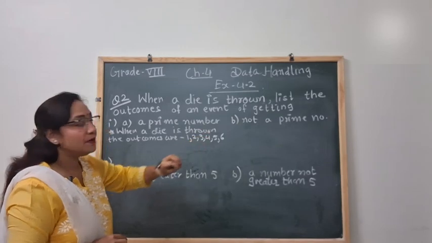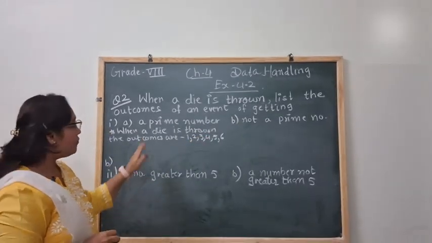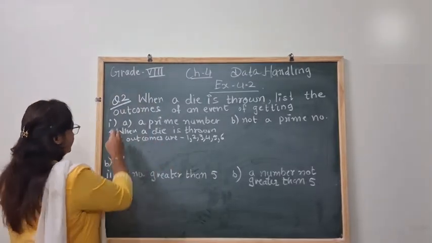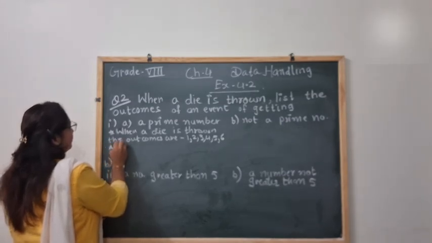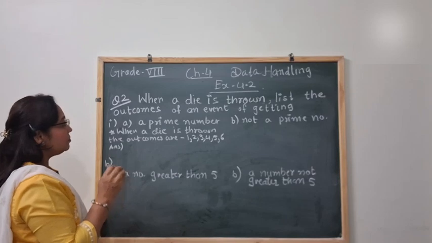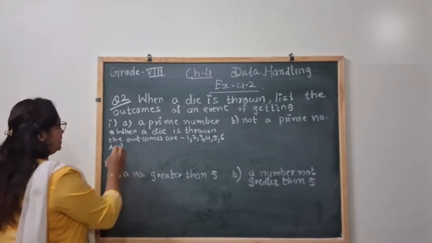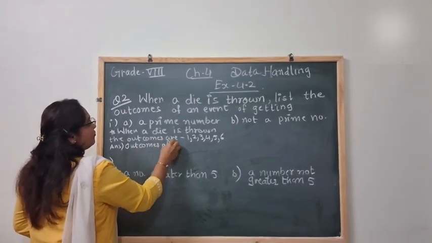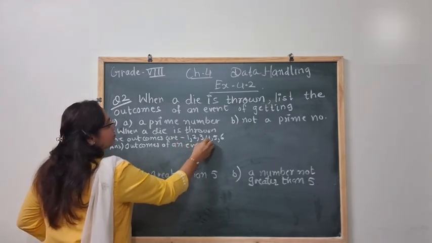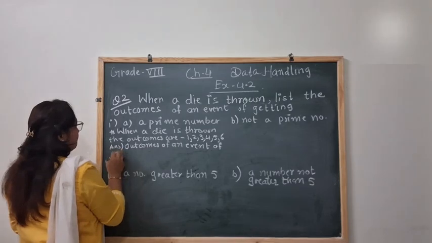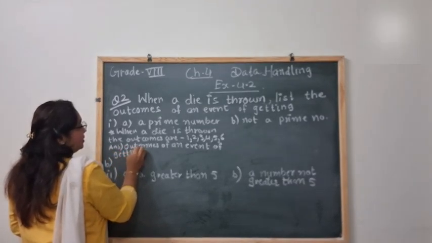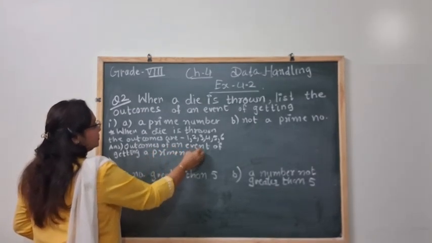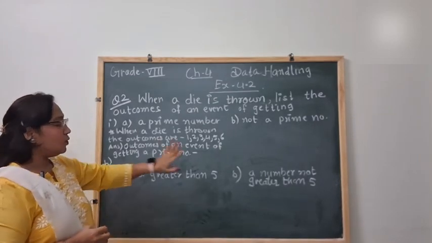Now, what is our event here? Event is a prime number. What are the outcomes of the event of getting a prime number? Just think over it. So here our answer is: outcomes of an event of getting a prime number are, okay, now what is our event here?